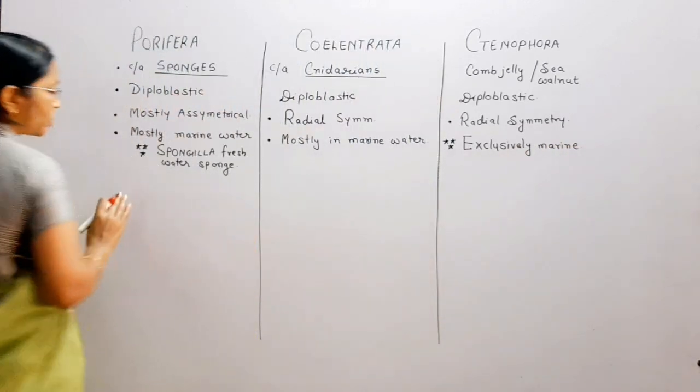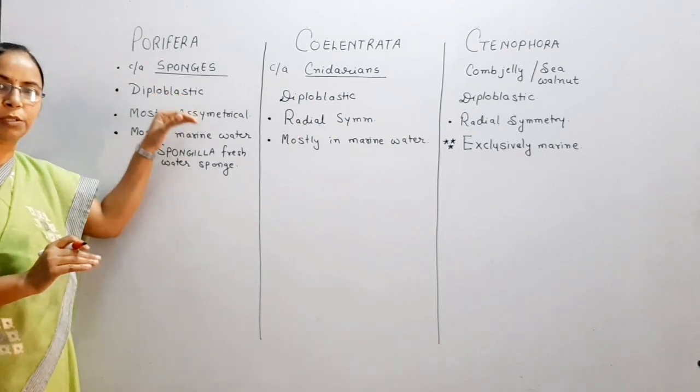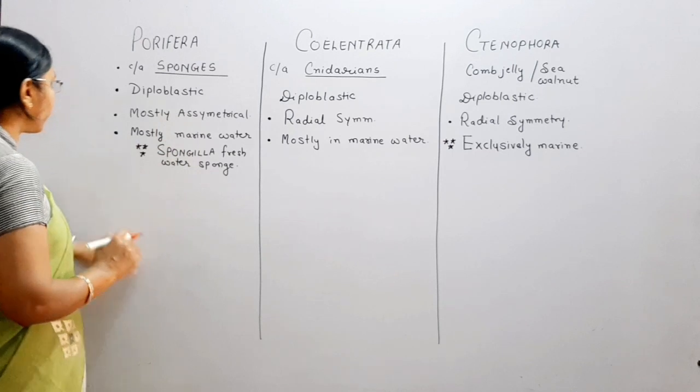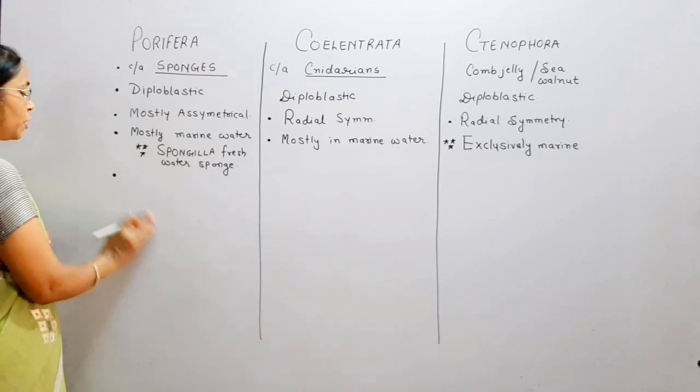Now, body organization, diploblastic, is clear, and symmetry is clear. The next character we study here is the digestive system.